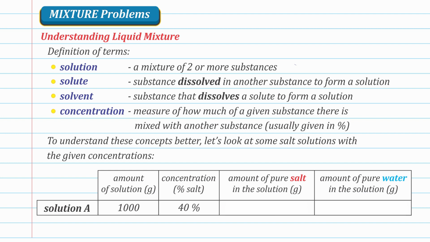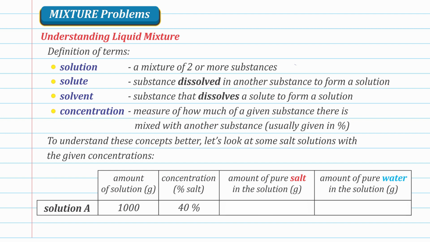Now, to understand these concepts better, let's look at some salt solutions. Let us analyze salt solution A. We do this by organizing our data by placing them in a table. Kunwari, we have 1,000 grams of solution A, which is 40% salt. This solution, of course, is composed of salt and water.